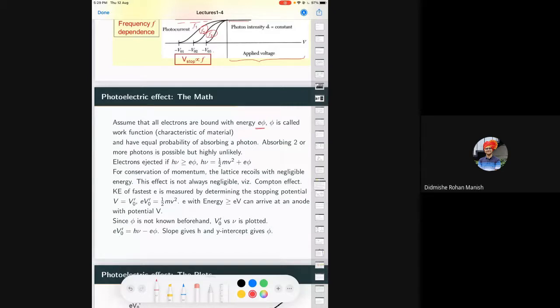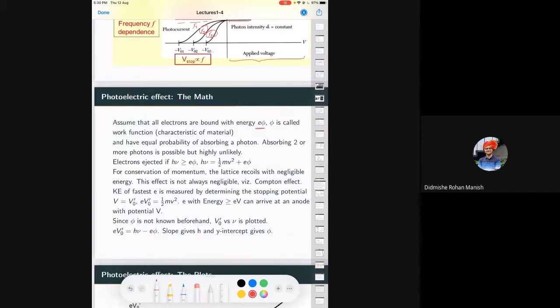Okay, why is that? Because this is a question of probability. So it can absorb 2 photons, but it is more likely to absorb 1 photon because there are so many electrons, and the light is incident very fast, right? And it's most likely for 1 electron to absorb 1 photon.